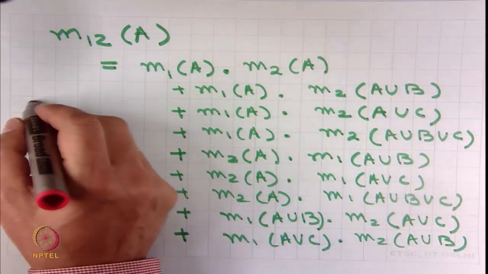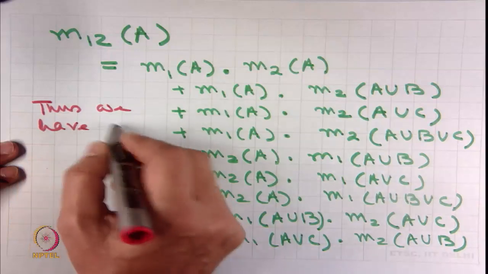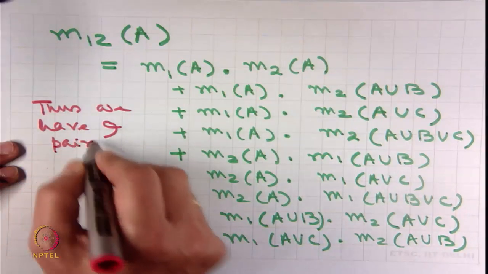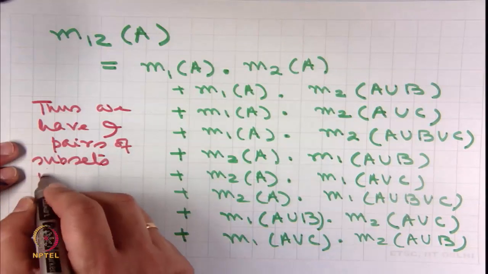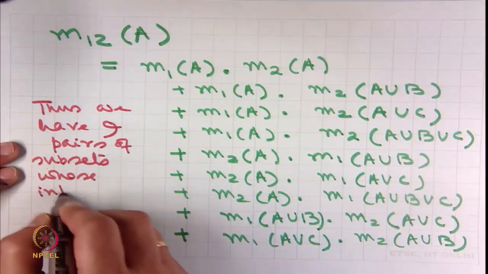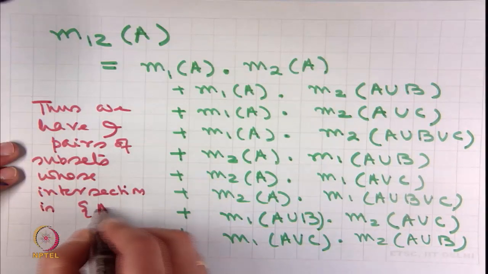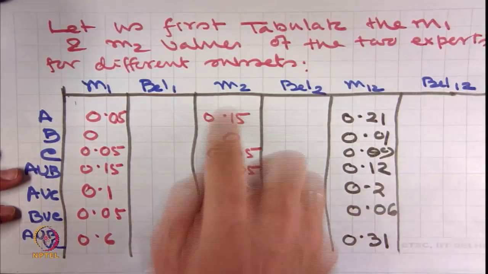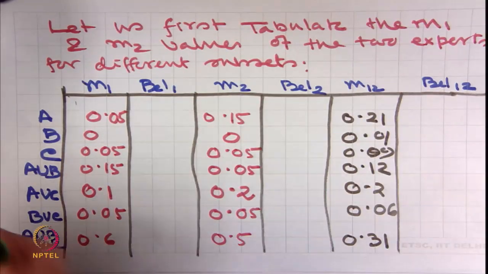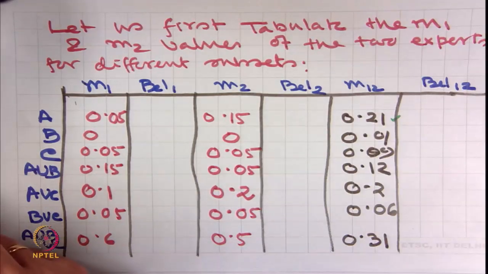Thus, we have 9 pairs of subsets whose intersection is the singleton A. Therefore, from these values, when we calculated, the value of M12 for A is coming out to be 0.21.